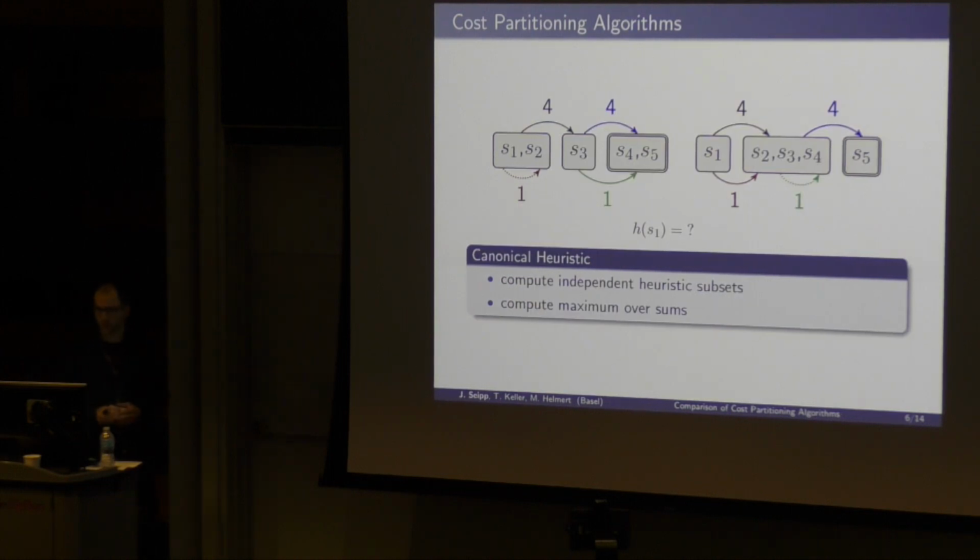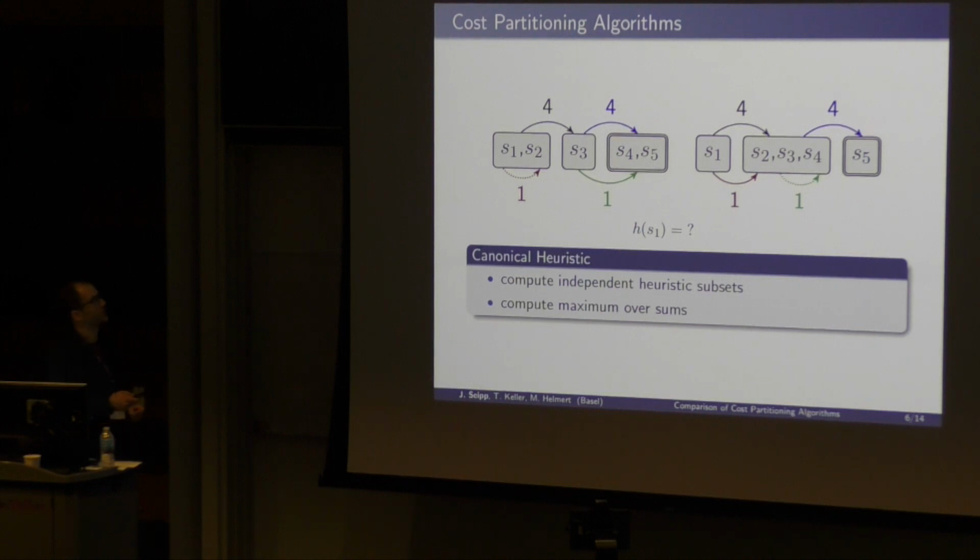Okay, the last algorithm that I want to present is the canonical heuristic. And it computes the independent heuristic subsets, so the subsets where no operator is relevant twice. And then it computes the maximum over the sums.